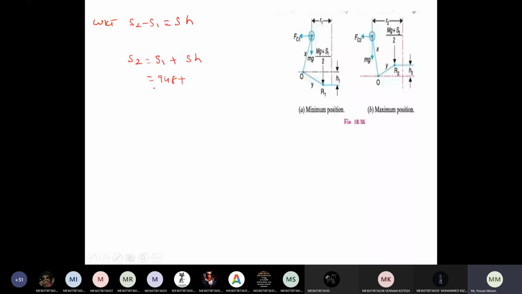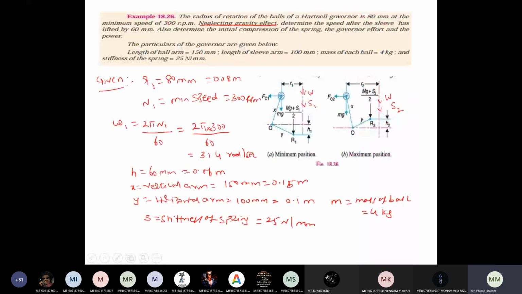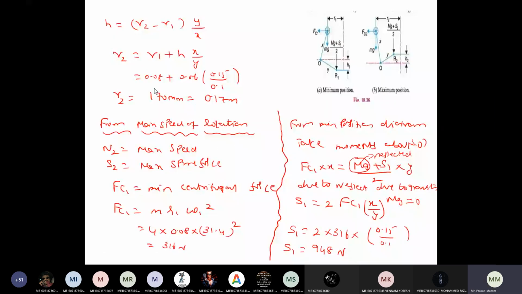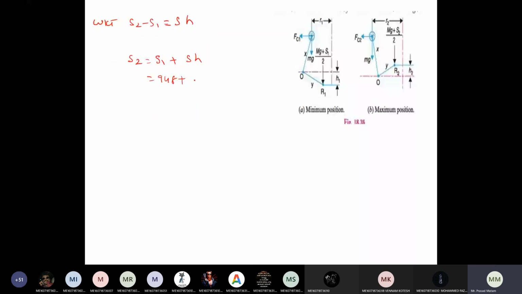S is equal to 25 Newton per millimeter. And H is equal to 60 mm. That is 25 into 60 mm you can write. On solving this, what is S2 value you are getting? 2448. Right. 2448 newtons. S2 we are getting.